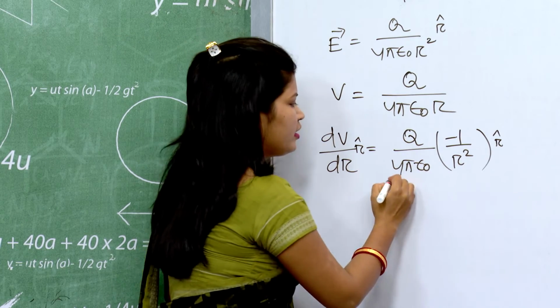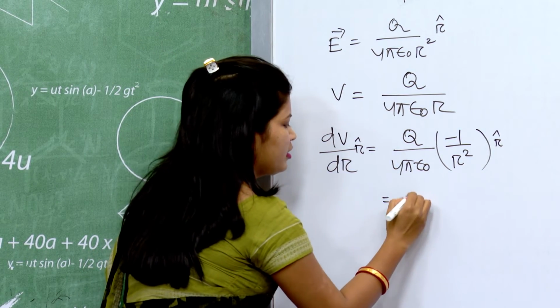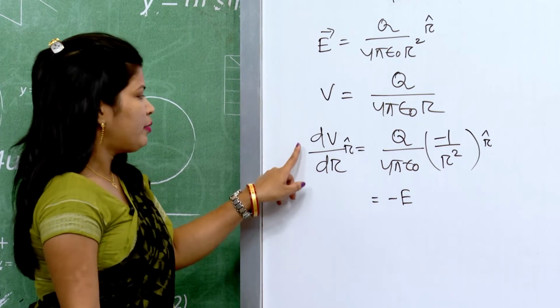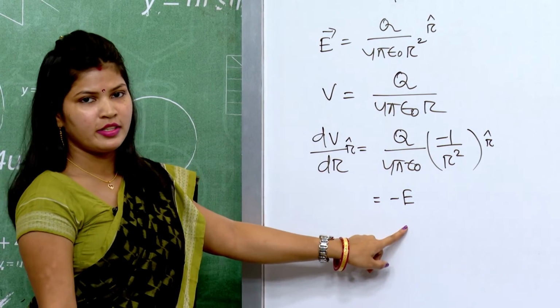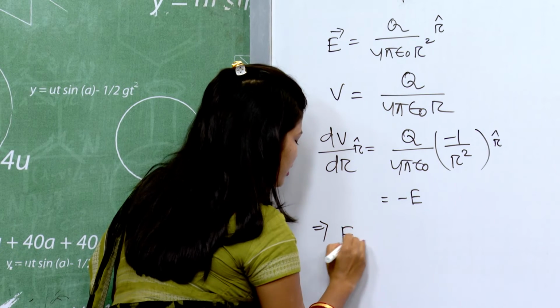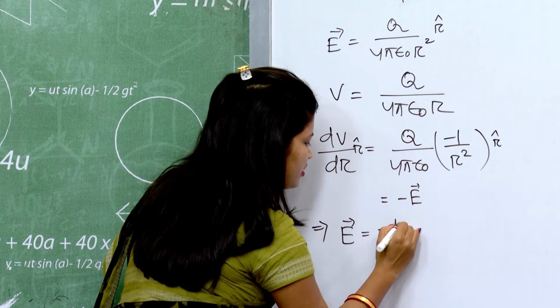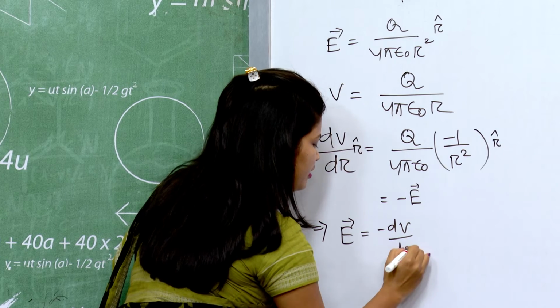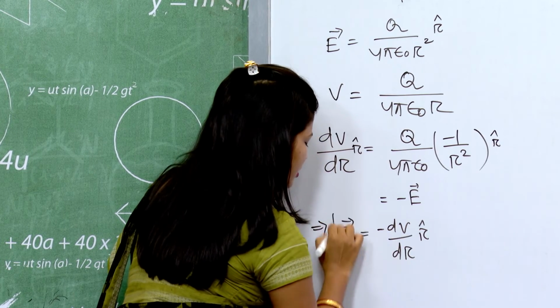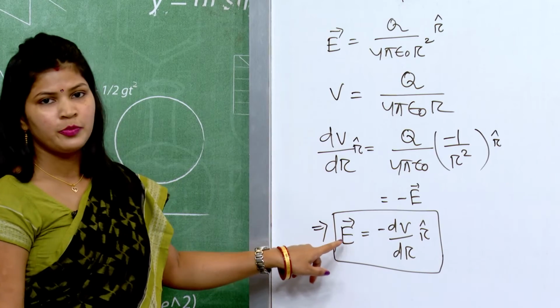Then you see this is not E, this is minus E. So, the derivative of potential is minus E, not plus E. So, electric field is equal to minus dV by dr r cap. It is a very important relation, you must remember.